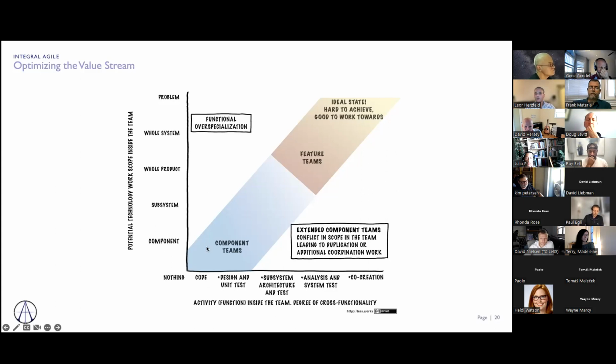So at the lowest version of this, when we spoke about those non-cross-functional component teams or those technical tasks, they're producing code. And that code, when put together, creates some kind of a technological component. What's happening on the horizontal axis here are the activities that are taking place.